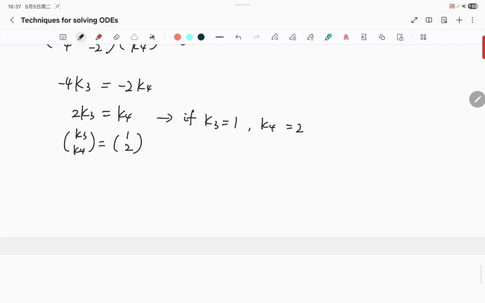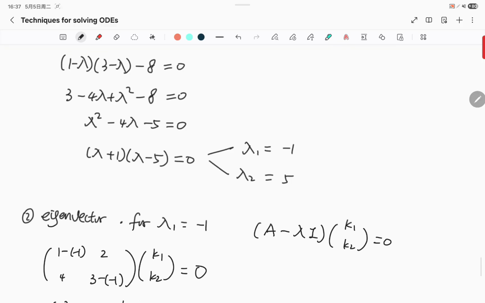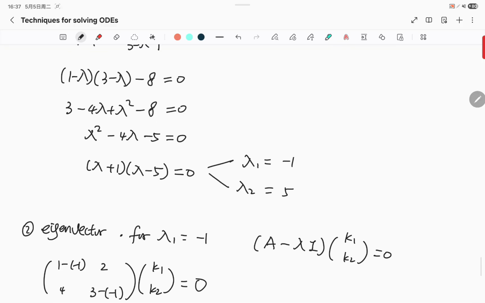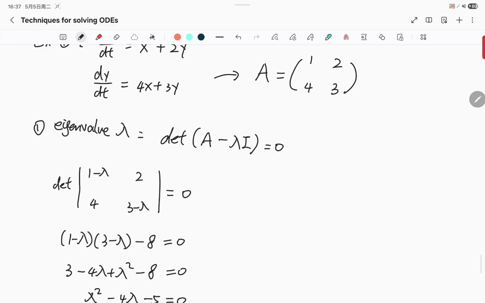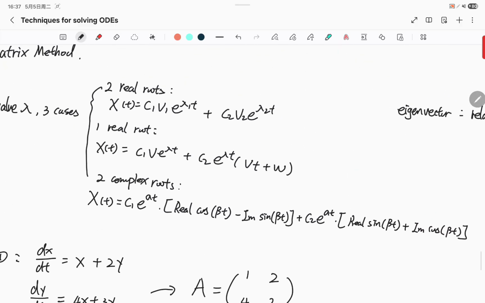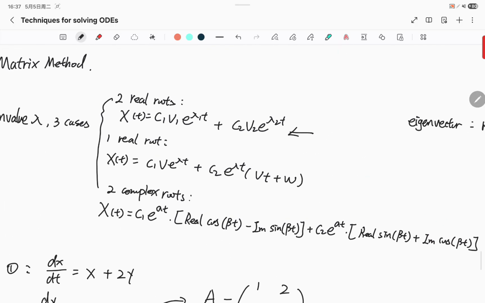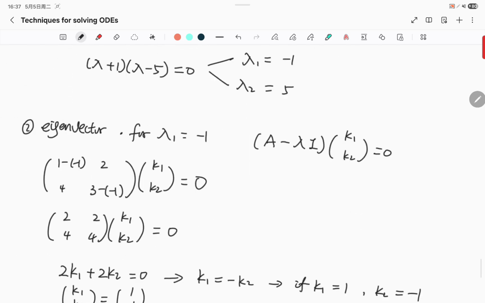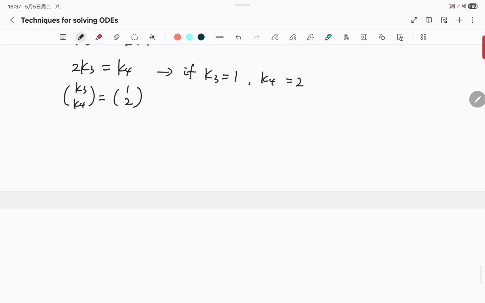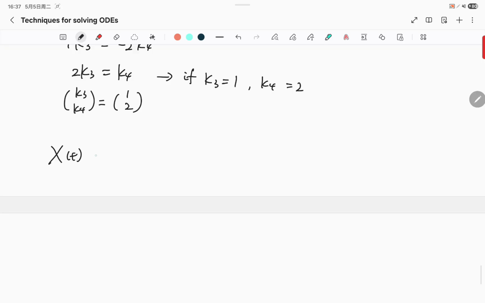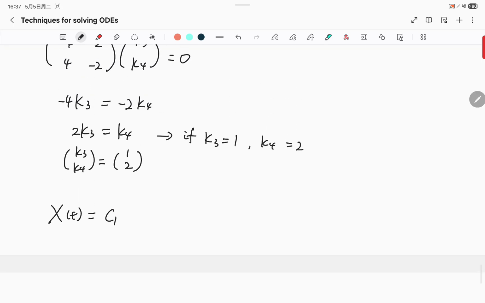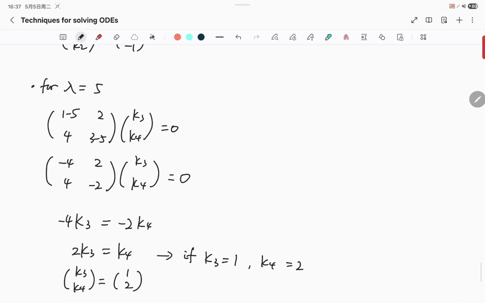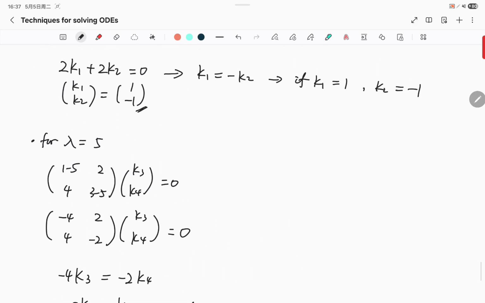So now we have two eigenvalues, two eigenvectors coming from the two real eigenvalue situations. We can plug into this equation. So we have x of t, big X, is equal to c1 v1. v1 is my vector 1, which is my first eigenvector.